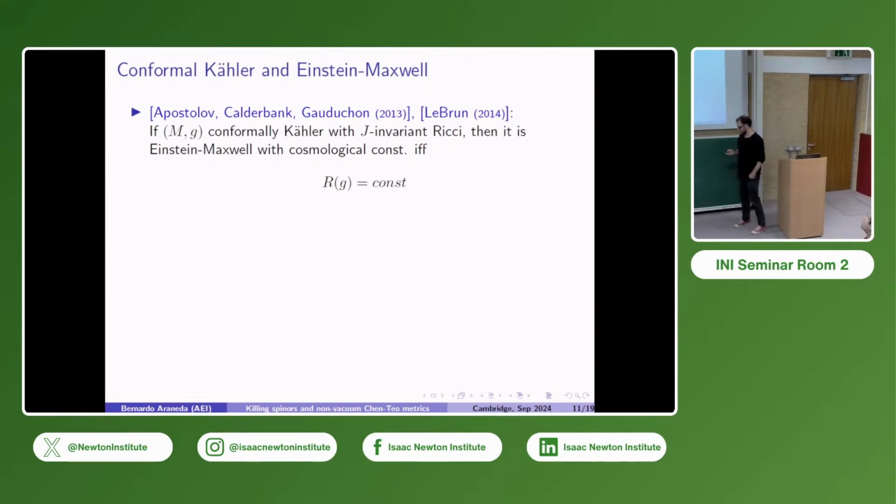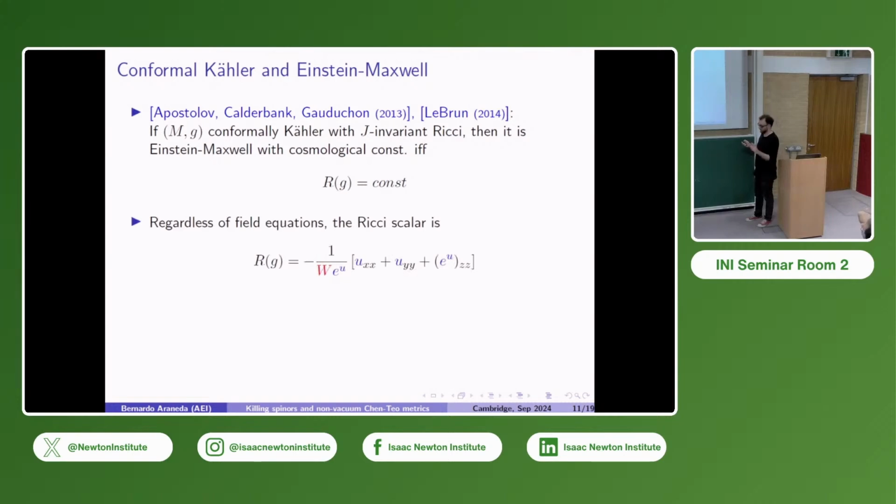You can find this result in work from Apostolov, Calderbank, and Gauduchon, and also from some work from LeBrun, which tells you that if you have a conformally Kähler metric with J-invariant Ricci tensor, so with the Killing vector, then the cosmological Einstein-Maxwell equations are equivalent to only one equation, which is the Ricci scalar equals constant.